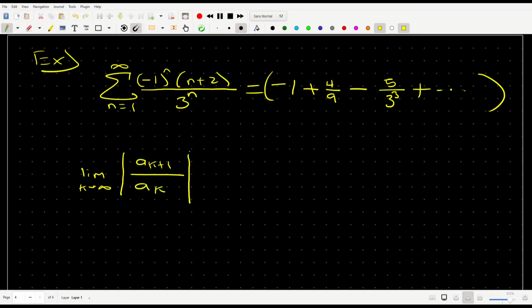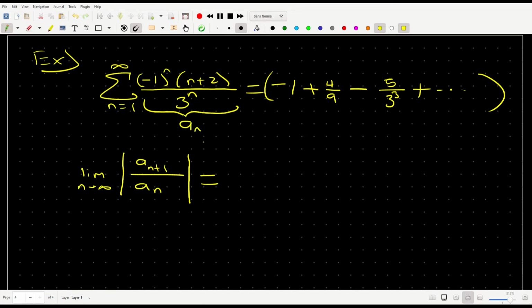And I just realized here that I should be using n because that's the index of summation that I use above, and I think that'll be a little bit nicer to write down. So we look at the limit as n goes to infinity of a_{n+1} over a_n, and see where this gets us. This is just taking the (n+1)th term of the series and dividing by the nth term of the series.